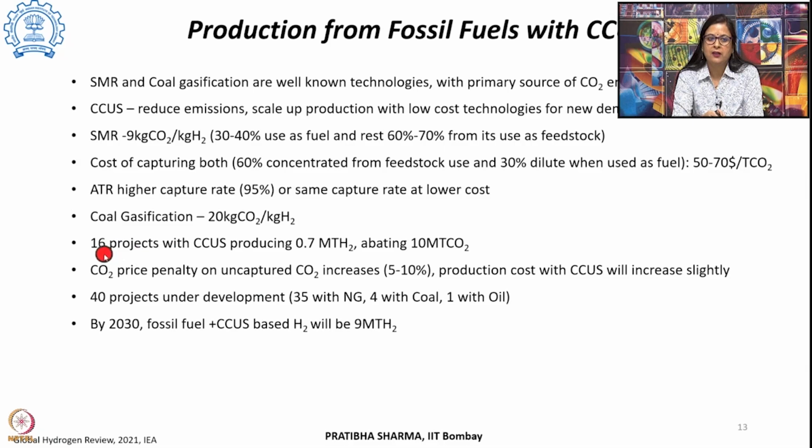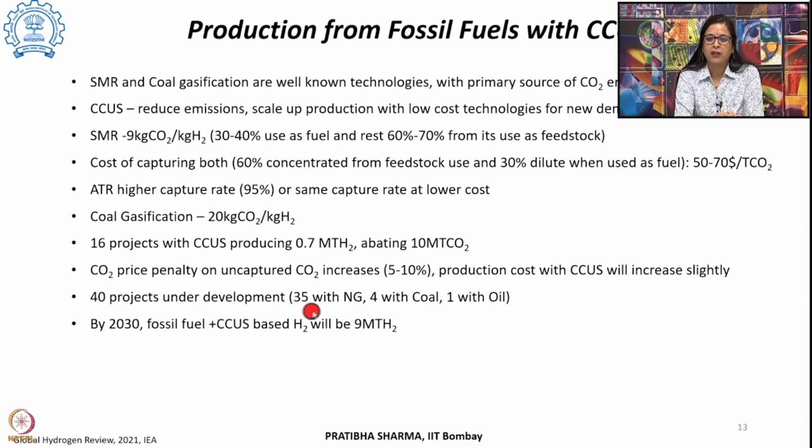Now, if we consider that there will be a carbon dioxide price penalty that will be levied in the future on the uncaptured carbon dioxide, say about 5 to 10%, then the production cost with CCUS will slightly increase. Now, these 16 projects are existing. There are 40 more projects under development.